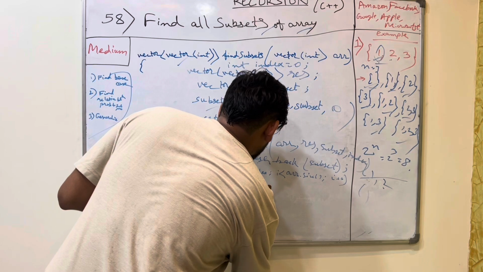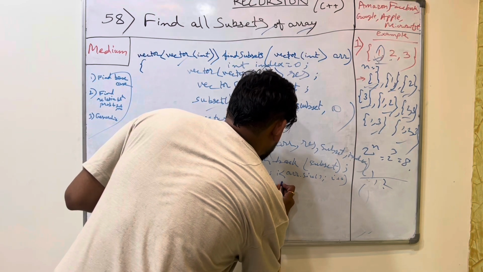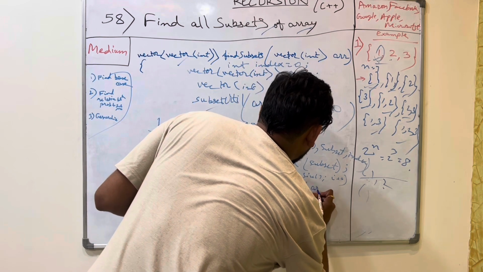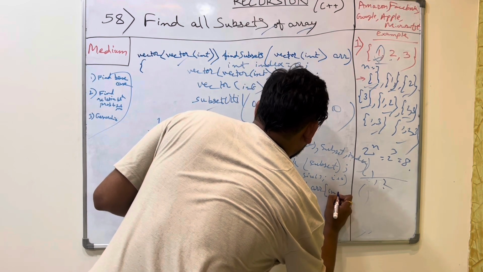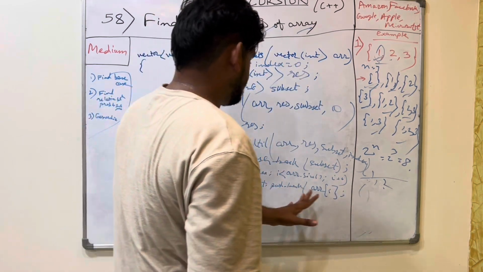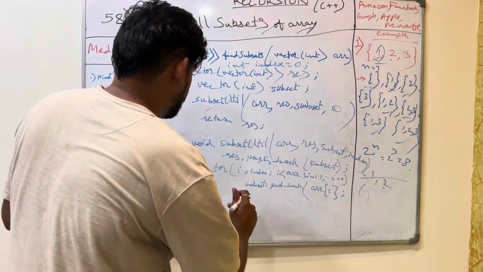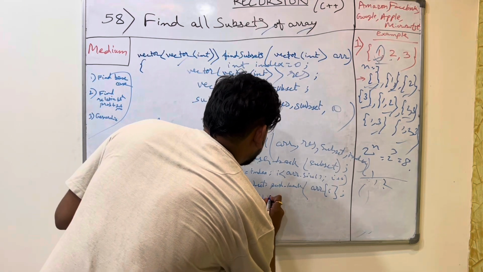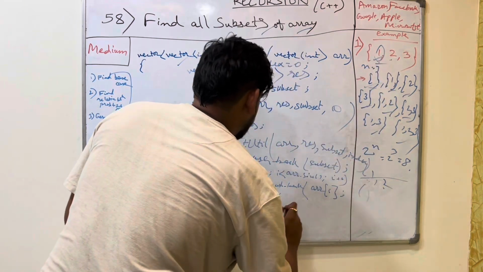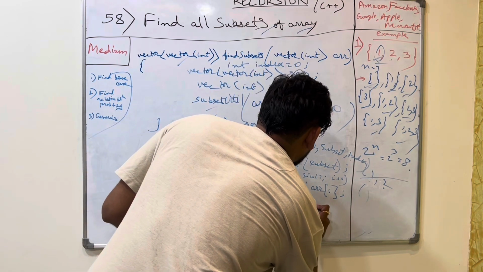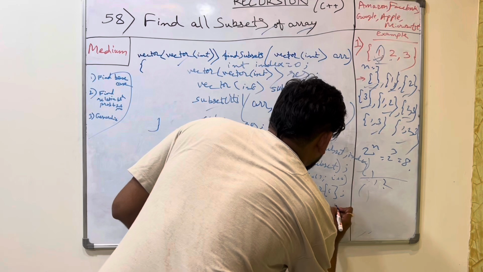So subset dot push_back array i. Once we have pushed this, we call this subset util again. What is the order? Array, result, subset and index plus 1.